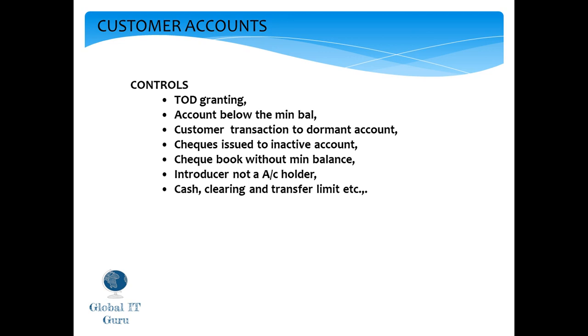Next we have temporary overdraft granting, account below the minimum balance, customer transaction to dormant account, check issued to inactive account, checkbook without minimum balance, introducer not an account holder, cash, clearing and transfer limit. So these are some important controls we have for customer accounts.